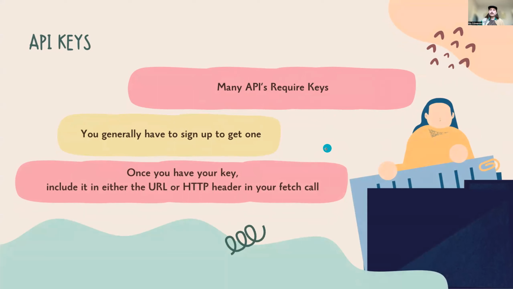So API keys are important. Many APIs require keys. The key is basically a way of identifying who is sending requests, to prevent people from just randomly spamming someone's servers, because every API is actually a server that someone else is running and paying for to exist. And if you're overloading their servers with requests, then it can be a problem for them.